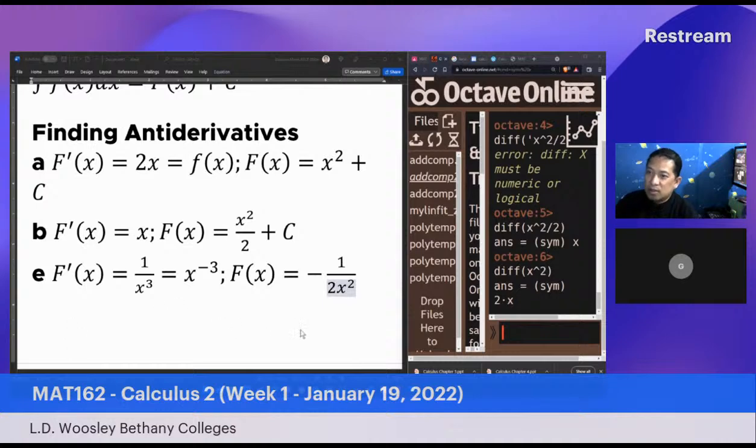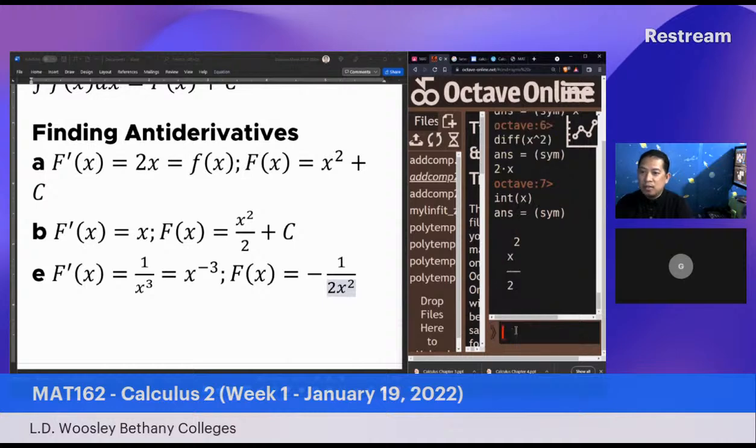So yan yung conjuice. For integration naman, the integral of x. So pag wala kang from lower to upper limit yan, so automatic indefinite integration siya or antiderivative. So babalik ka dun sa x squared over 2.